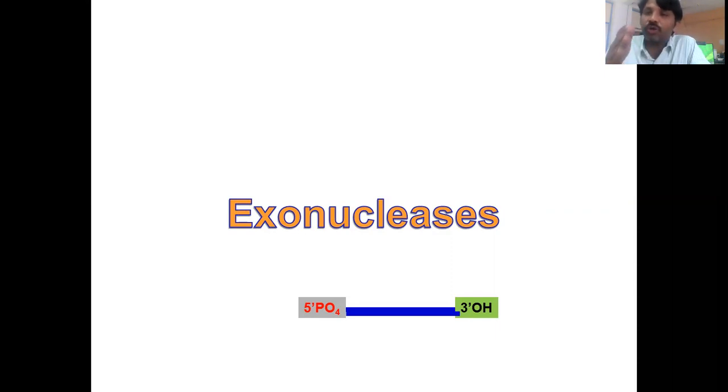The best examples are DNases, S1 nucleases, and famously restriction endonucleases.